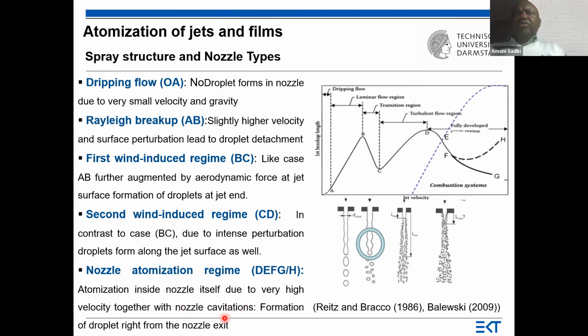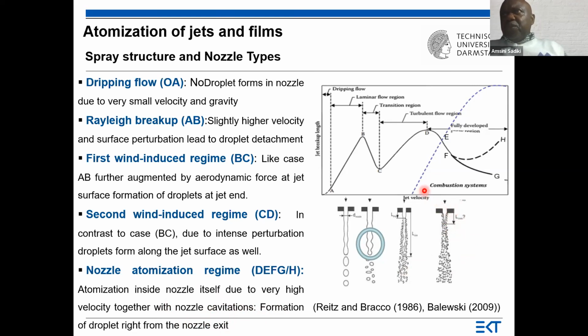We can also have the interaction, the additive synergetic effect, of high velocity and nozzle cavitation. We have formation of droplets right from the nozzle exit, like this one. And the problem is only to find this part here.